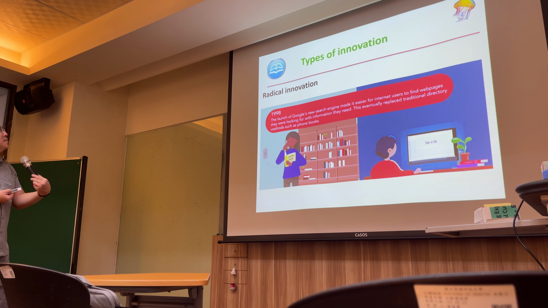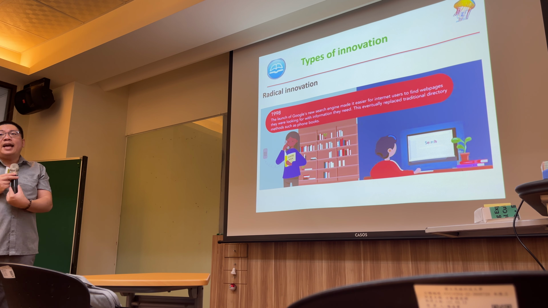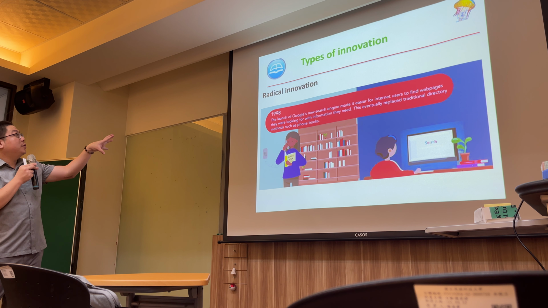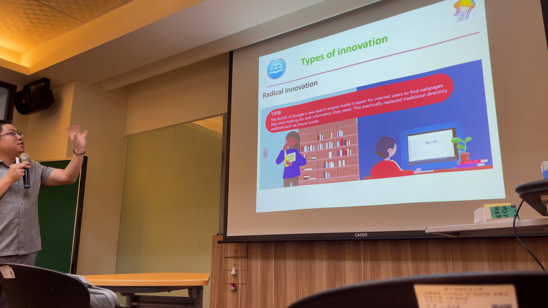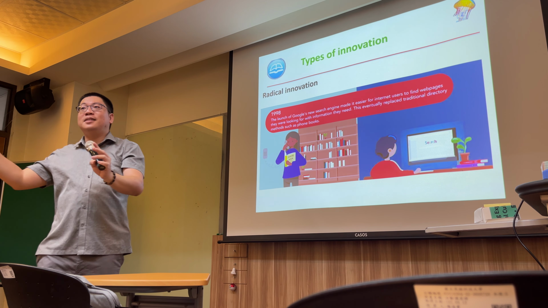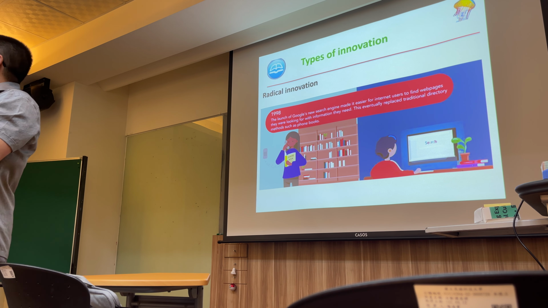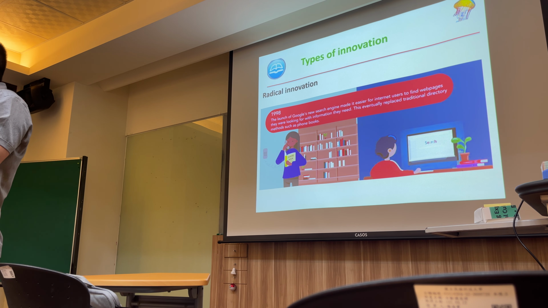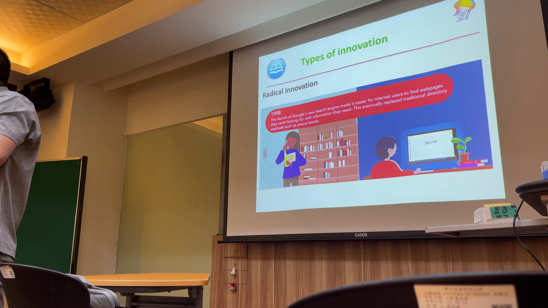In 1998, Google launched its new search engine. Right now you use Google to search, right? But before 1998, we didn't have it. The Google search engine was launched in 1998 and it changed the way we search for information.